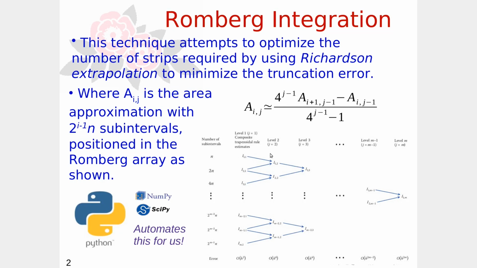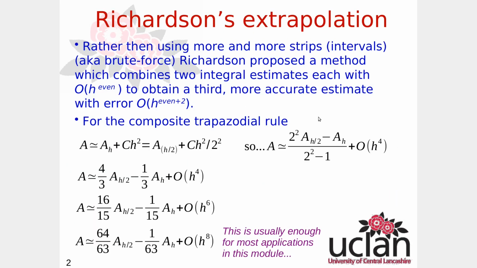So at level 2, for instance, it's 4 to the 2 minus 1, and then this would be A(i+1, j-1) minus A(i, j-1) on the top, and then this is of course raised to the 4 minus 1. It's just a generalization of this formula.